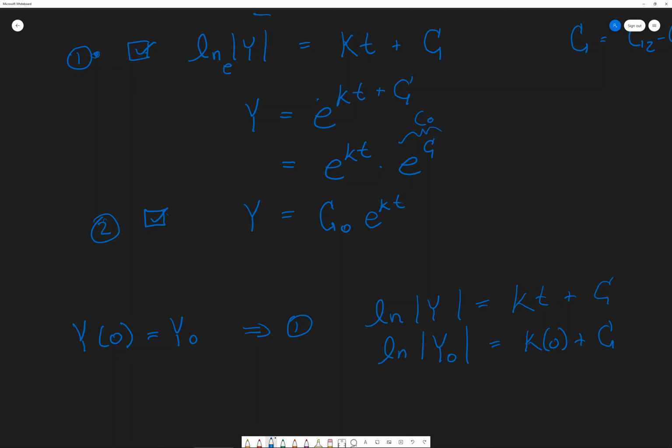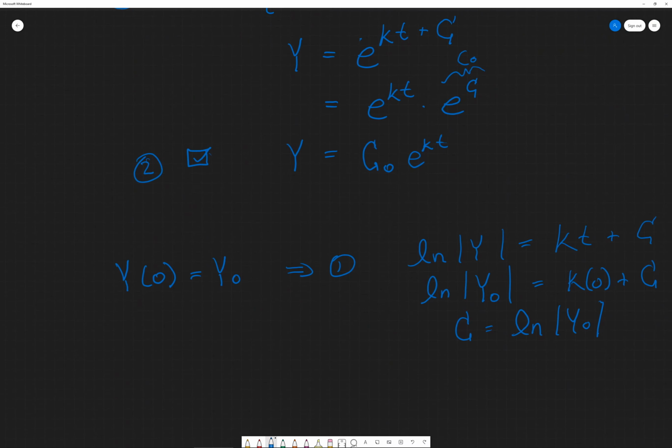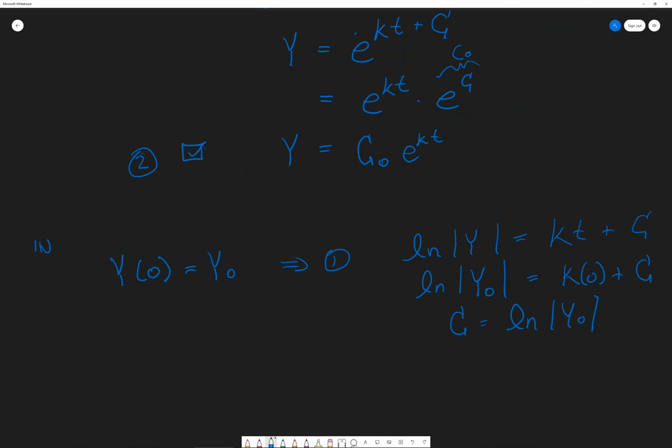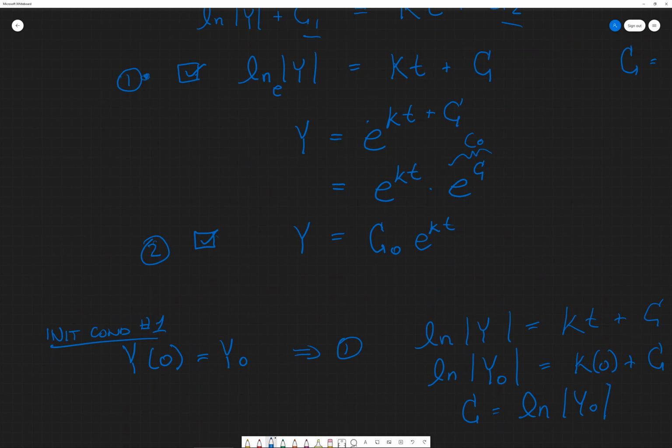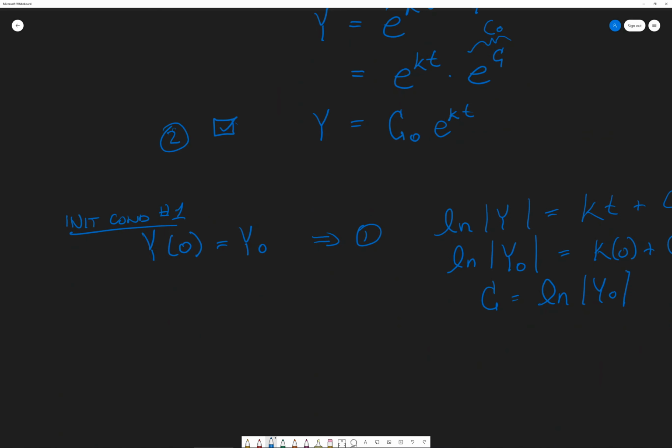This tells us that c is equal to ln of y0 in this form. So this is initial condition number 1. So the equation 1 is ln of y equals kt plus ln of y naught. That's c in that form.